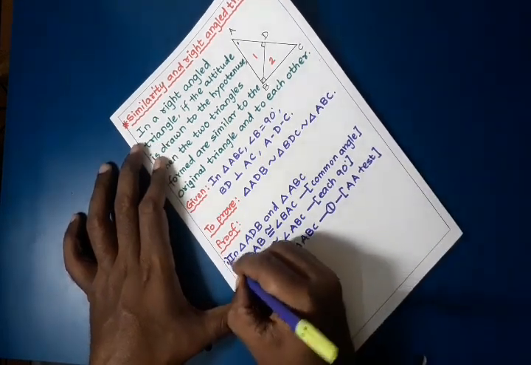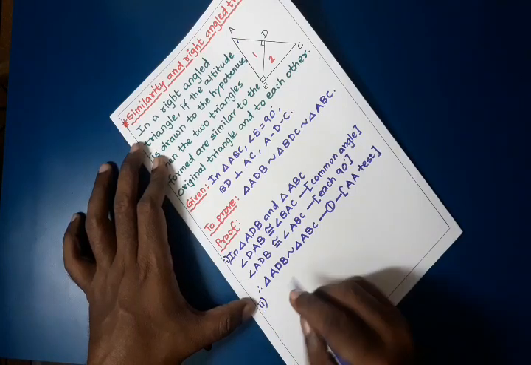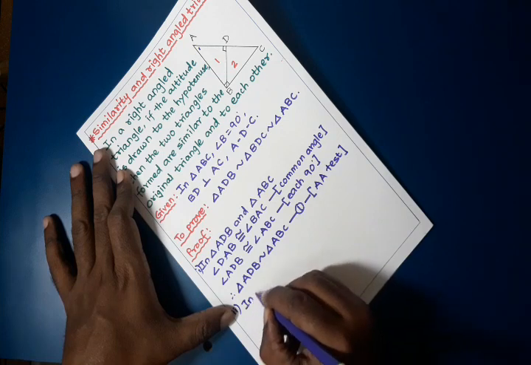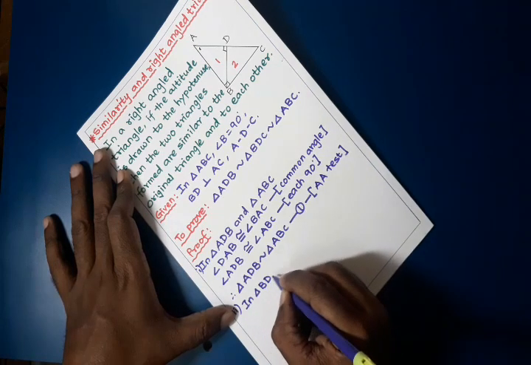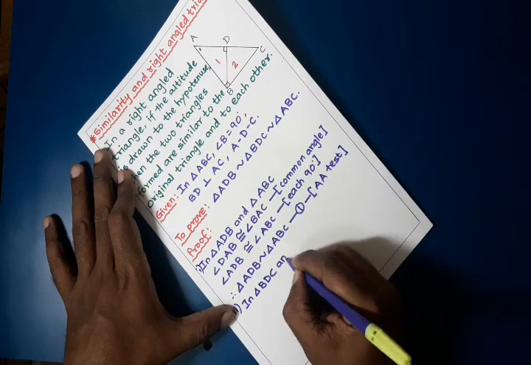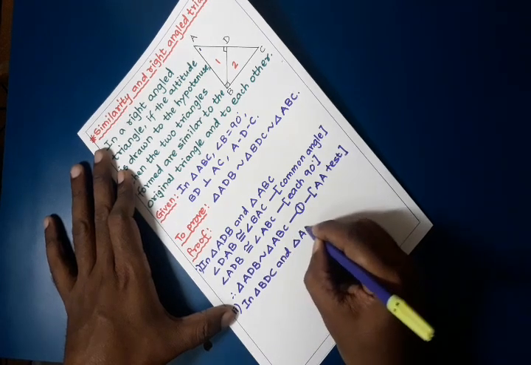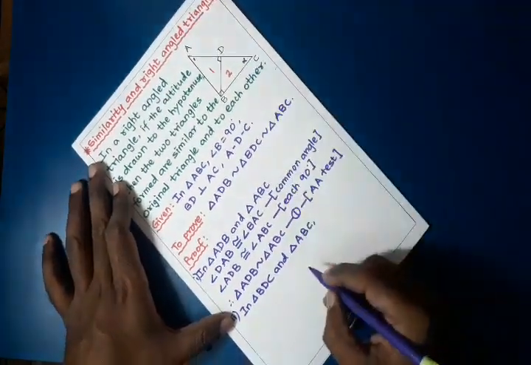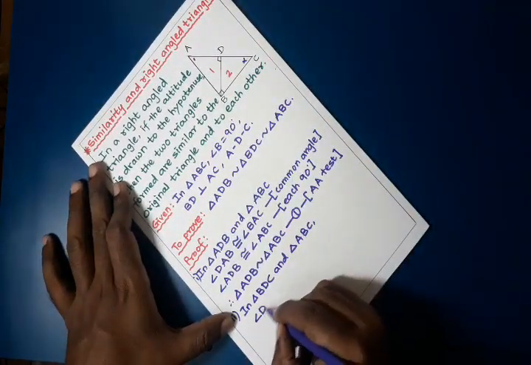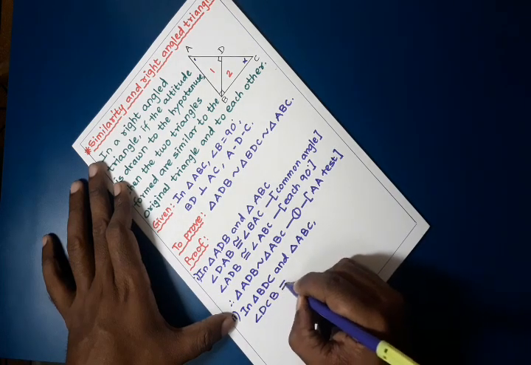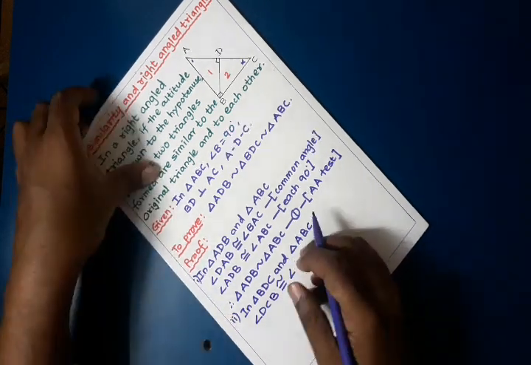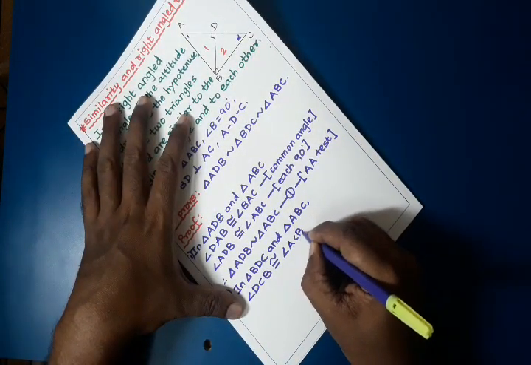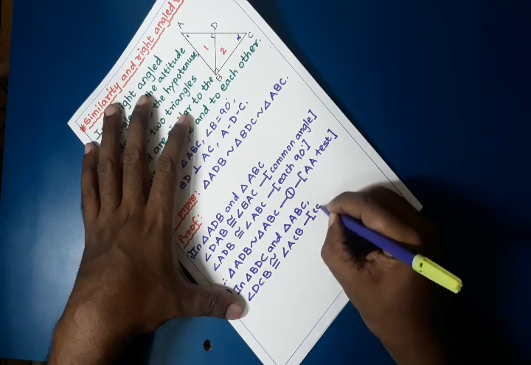Now in the second part, I will choose the triangle BDC. In triangle BDC, and again in triangle ABC, we can observe that angle C, that is angle DCB, is congruent with angle ACB, or simply write angle C. Again the reason is the same, common angle.